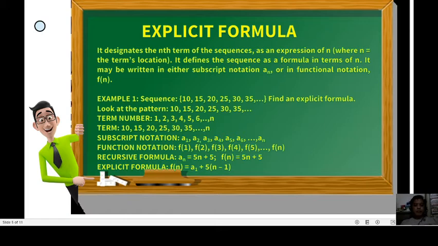From the given, we can factor it as 5 times n plus 1. For the explicit formula from the given sequence, we have the function of n, which is the first term, plus 5 times n minus 1.